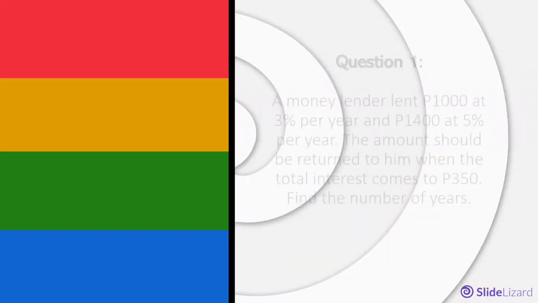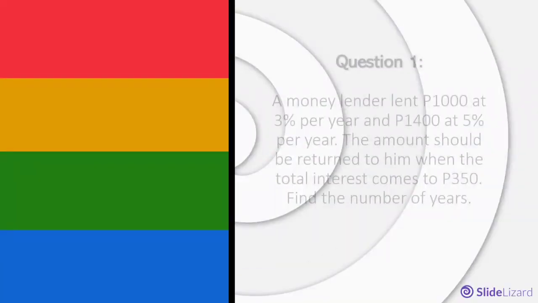Now, this time, let's check your knowledge with this multiple choice. I will be giving you 2 problems with 4 options each, and you need to choose which is the perfect answer for it. Let's start with problem number 1.